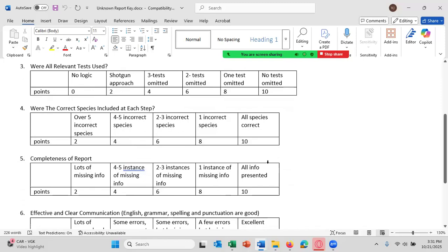Were the correct species included at each step? Once you request a test and you get the results, you should, in your unknown notes page, as well as in your unknown report, state which species are under consideration. You don't have to do that at the beginning because all species are under consideration. But once you've narrowed it down with the gram stain, you should state that this narrows it down to the gram positive species.